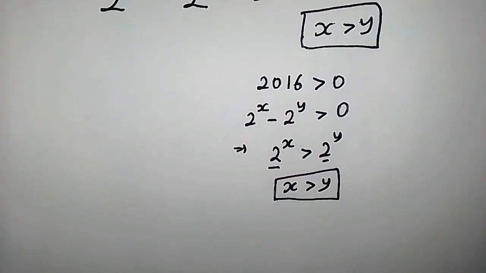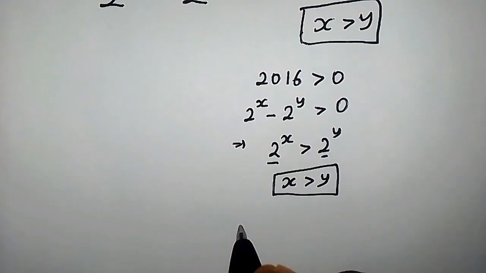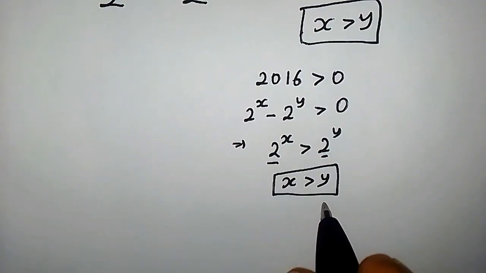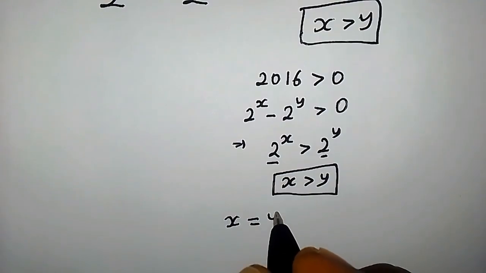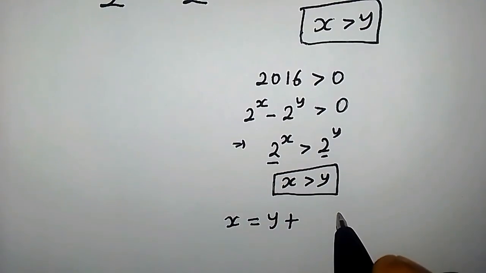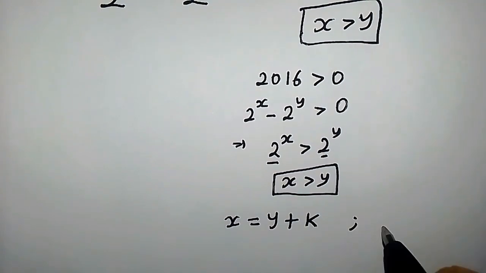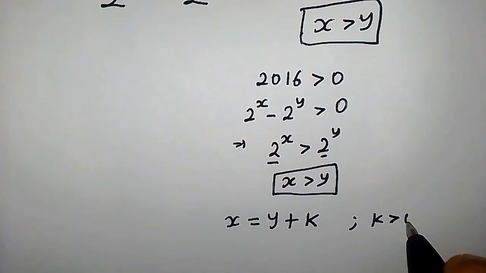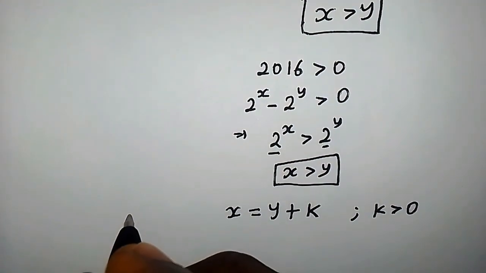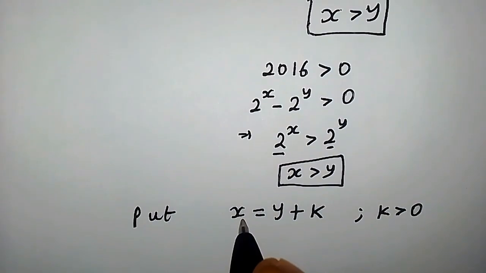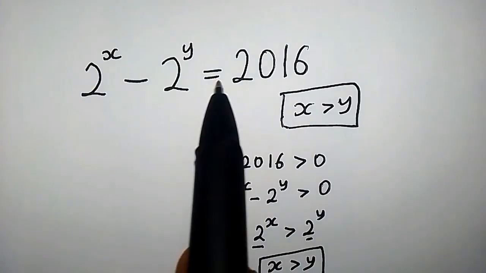Now, let us suppose we want x and y to be equal to each other. That means we must add a positive integer to y, that is x equals y plus some positive integer. Let's call that integer k, such that k is greater than 0. This is a positive integer. So what we have to do now is to put x equals y plus k into this expression.